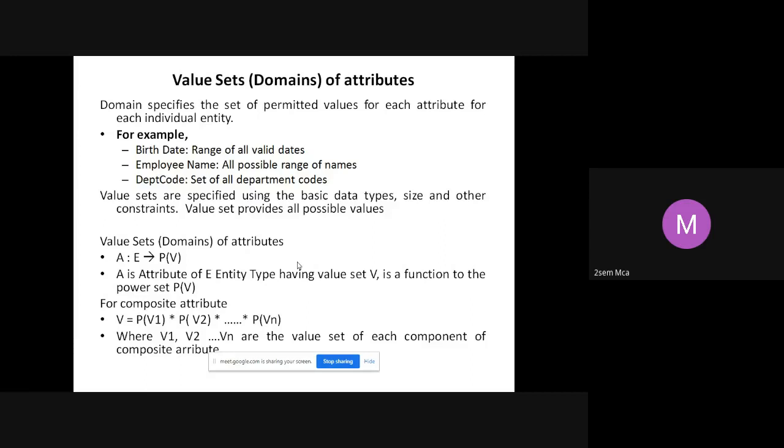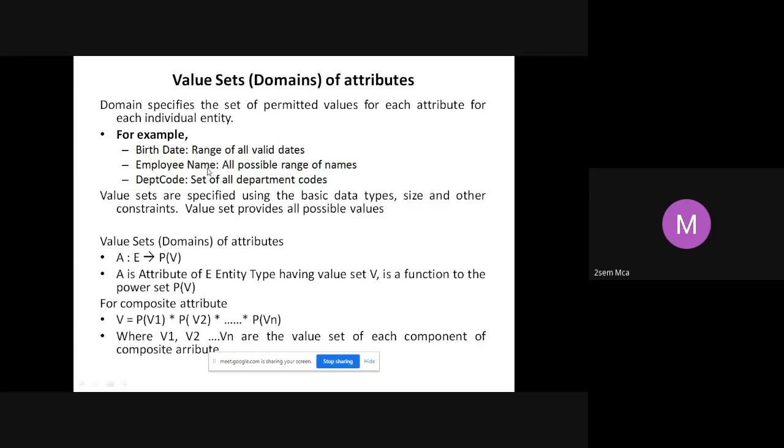Such names are not permitted. So what are the allowed values for that name? Set of all alphabets. Any combination of alphabets is allowed. So that becomes a domain for this particular student's name.